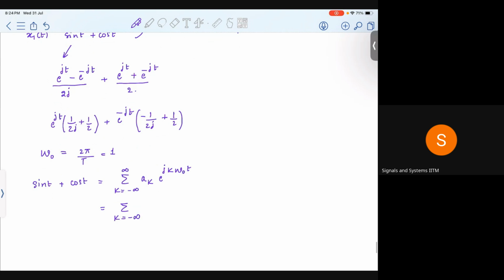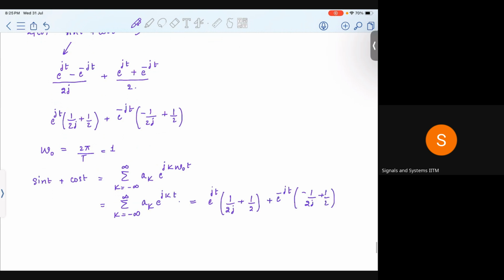So this is minus infinity to infinity e power jkt, right? So equating this with whatever we saw earlier, this is e power jt times 1 by 2j plus 1 by 2, plus e power minus jt times 1 by 2 minus 1 by 2j.